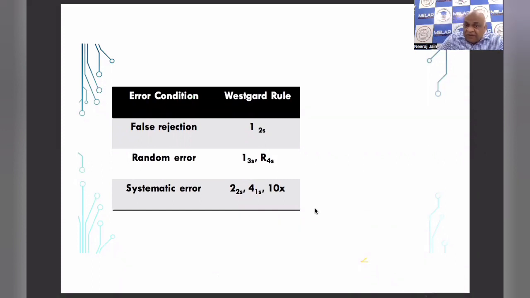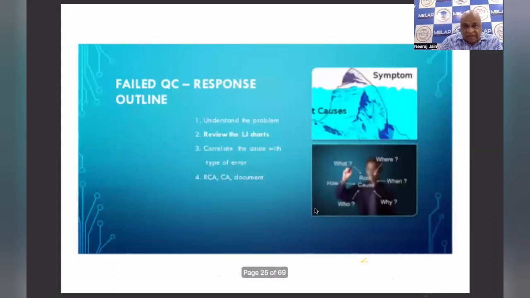If one value is beyond 3 standard deviation, or a random value shows more than 4 standard deviation variation, these are random errors. You are analyzing your system and not finding anything, you run control again, you find the result within acceptable limit, this is random error. But if it is affecting your multiple results, it is systematic error. What is the reason? You have to take appropriate measure after root cause analysis.